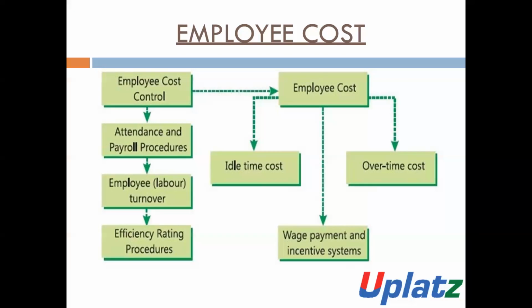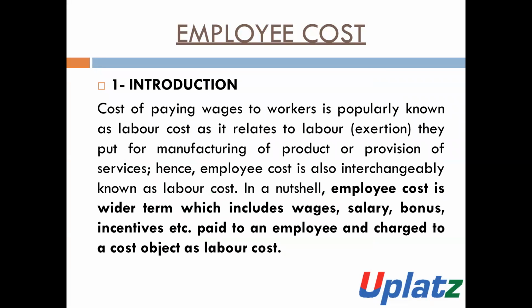Employee cost includes idle time cost and overtime cost, and we will also consider wages payment and incentive systems. This chapter is divided into two parts. This is part 1. First, we will cover the introduction of employee cost.